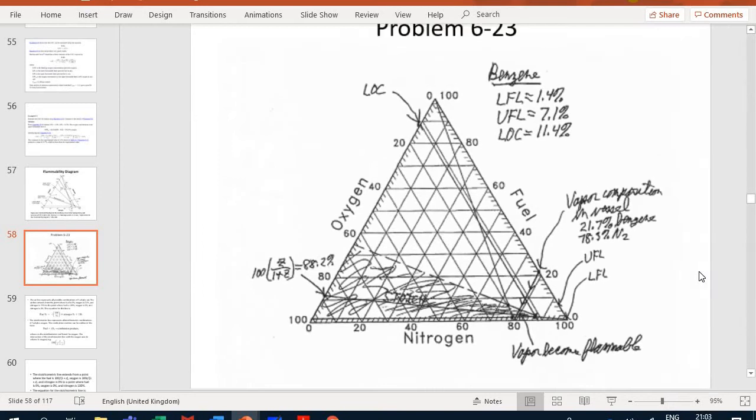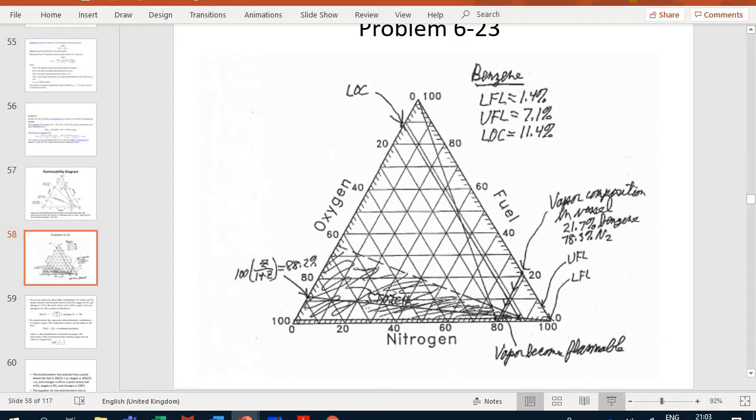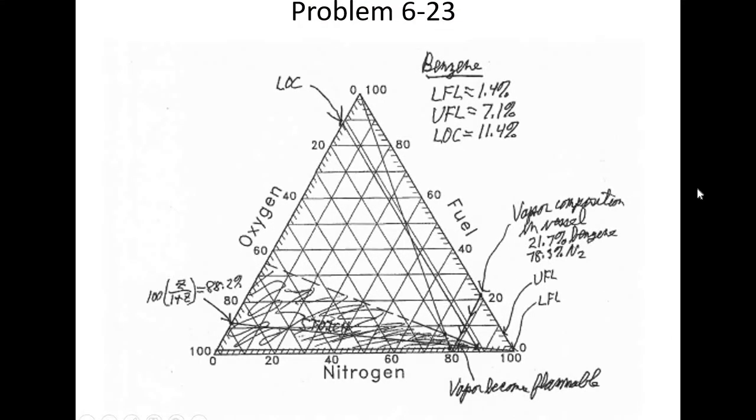If you can recall, we already explained this, but now I have 3 lines: the stoichiometric line, the LOC line, and the air line. On the air line, I'm going to identify my UFL and LFL.